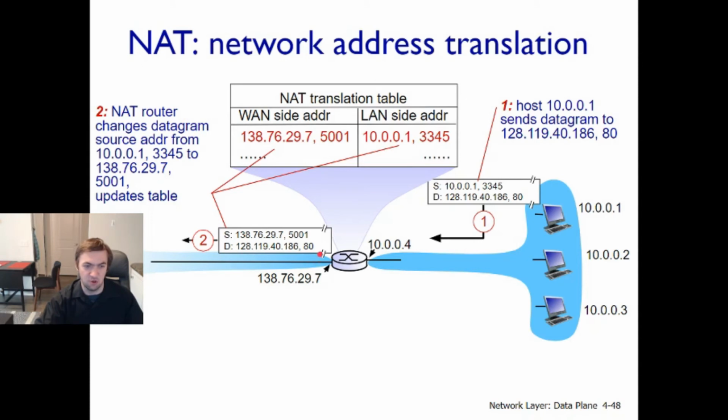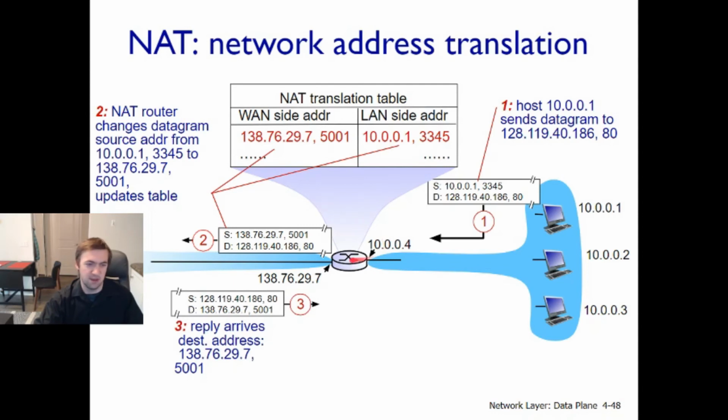The destination port is still the same, and there is a new port number here, 5001, that's added to make sure that the router can connect this 5001 number here to the 3345 that indicates this host number from the router's subnet.